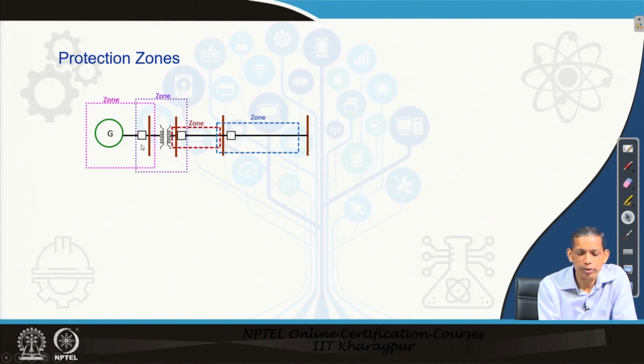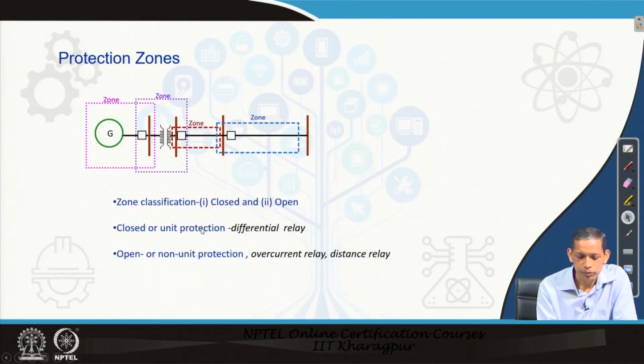These are divided into different zones, but note that these zones must be overlapping, because not an inch of the section in the power system should be left out from the protection. Otherwise, if a fault happens, the fault will continue and that will be detrimental to the system.